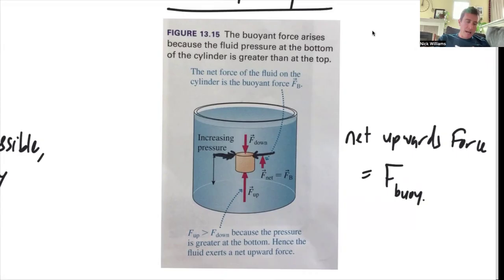They are the same size, and that means that they're pushing evenly and opposite on either side of the object. However, the top of the object is less deep than the bottom of the object. So the bottom of the object has more water pressure because it's lower than the top of the object does. And that difference between the two of them is called our force of buoyancy.